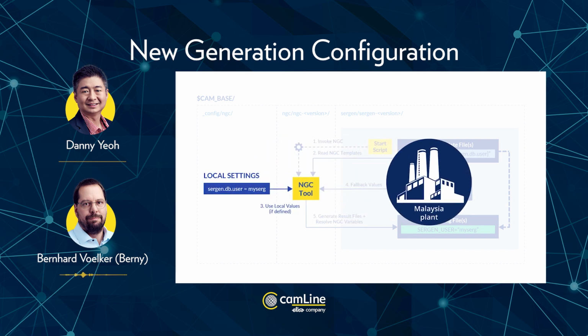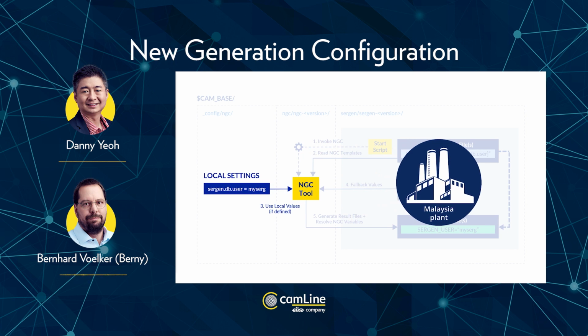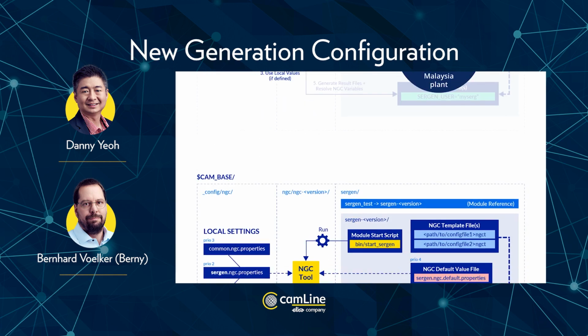However, if my site in Malaysia wants to use a deviating local configuration setting, then these local settings will override the default values. In this example in the diagram, the value mySearch will override the default value Sergen when substituting the NGC variable SergenDBUser. Basically, it all just means that as soon as I have a local setting, it will always override the default settings. Now to slide 2.